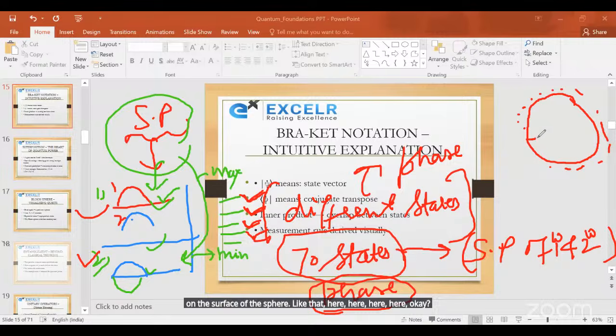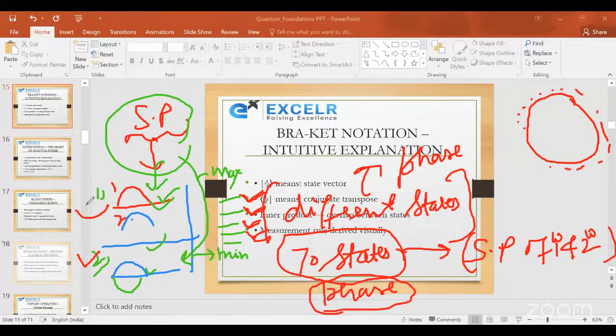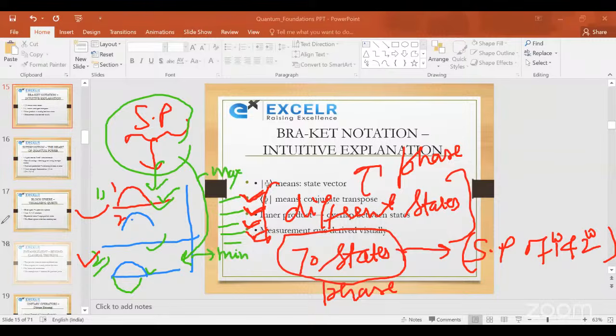So suppose I take this as a center. Let me make a perfect sphere. So let's make it.